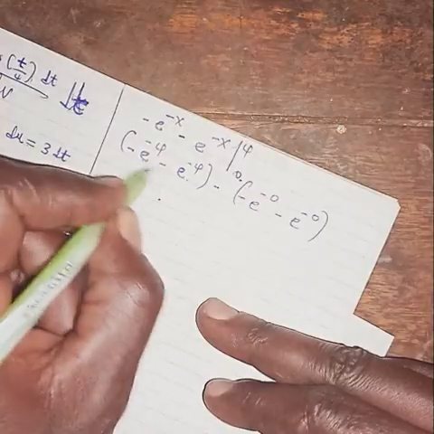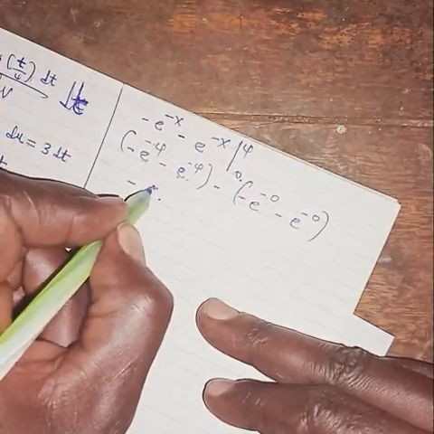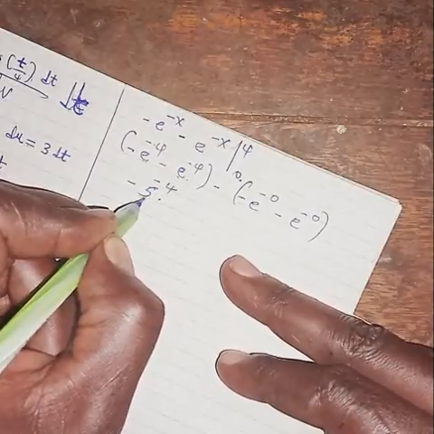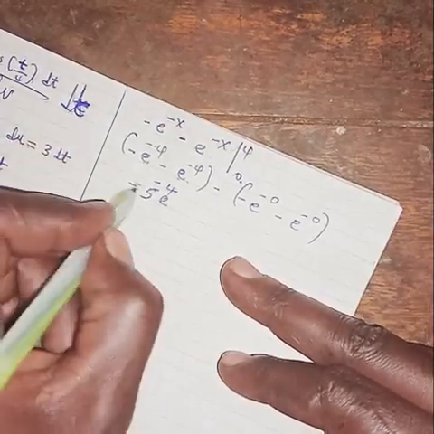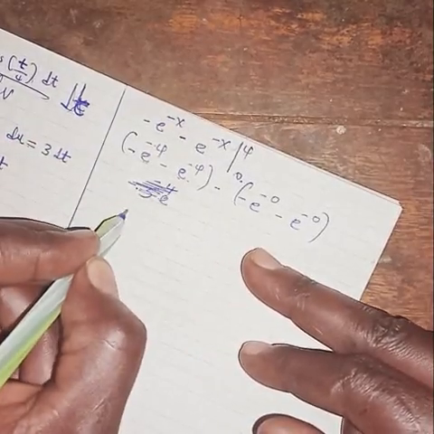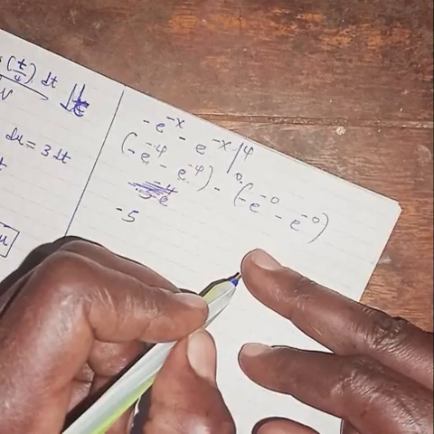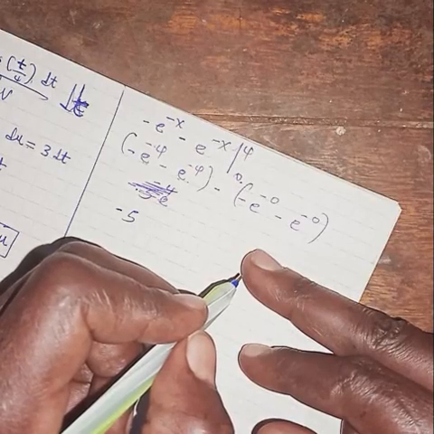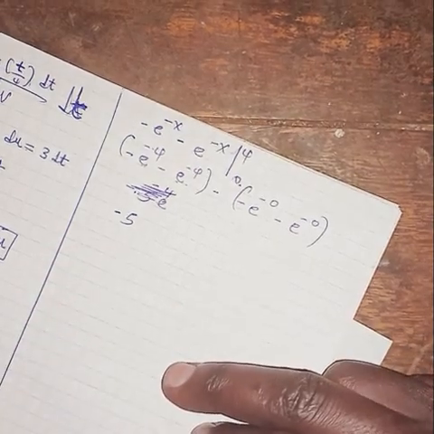I have the same denominator and the same numerator. It will be negative 5 e raised to negative 4. How is this negative 5?